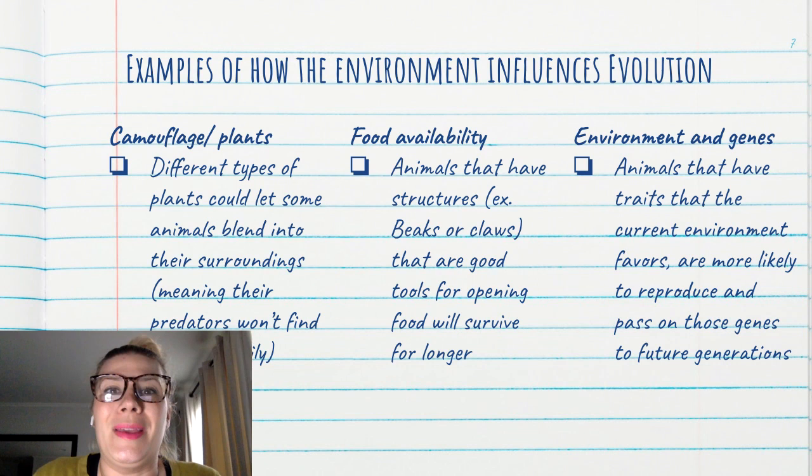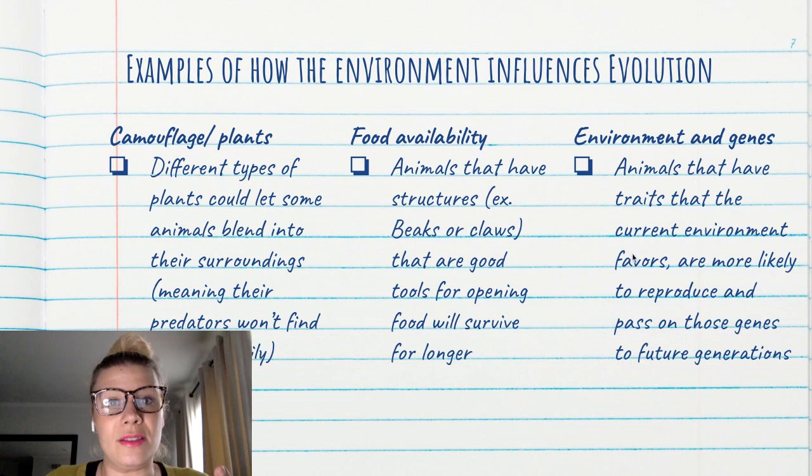Food availability. If an animal has a certain structure, claw, wing, or beak that is well suited for the type of food that's common in that environment, they're more likely to grow older because they're able to get food and nutrition and grow, which means they're more likely to reproduce, which means they're going to be more likely to pass down those traits, that favorable characteristic, to future generations.